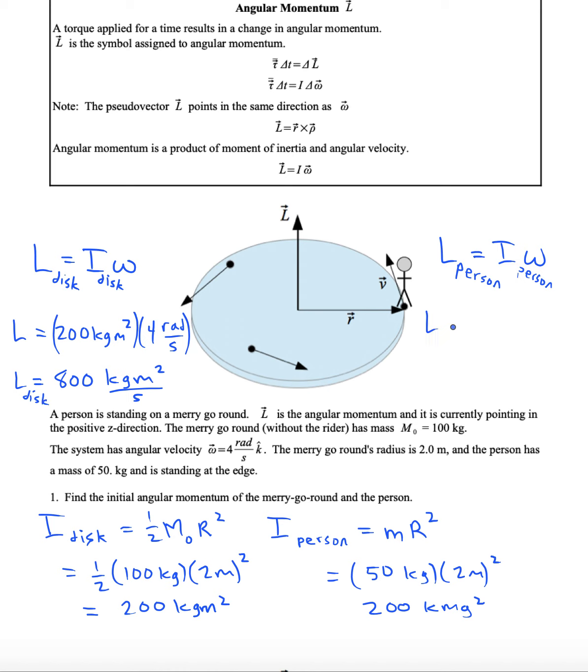As you can see, the person also has the same moment of inertia, so they're going to have the same initial angular momentum.